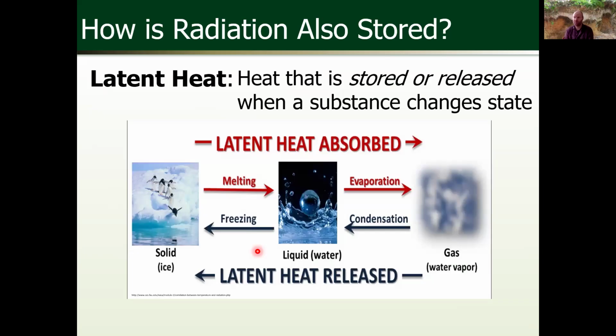However, there is an incredible amount of energy transferred on Earth and within the atmosphere, as well as the Earth's surface and materials, due to what is known as latent heat transfer. Latent heat is the heat that is stored or released when a substance changes state. The energy can be stored when water is in liquid form. And then when liquid water evaporates, you have this release of latent heat energy.